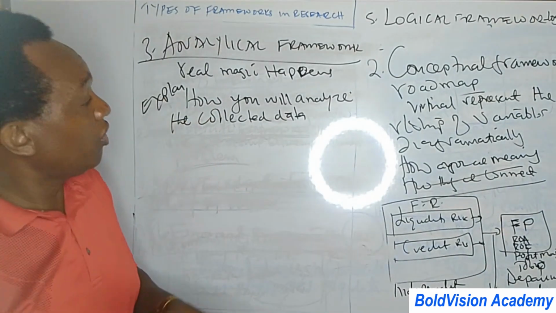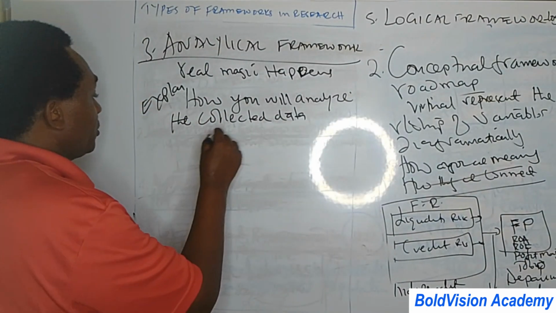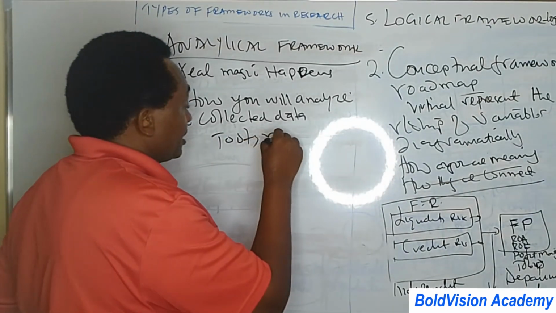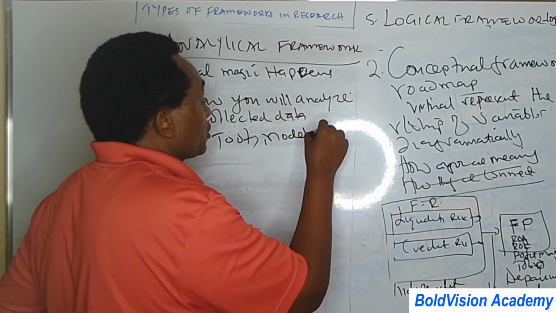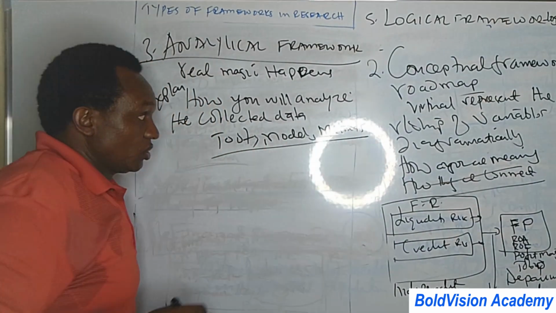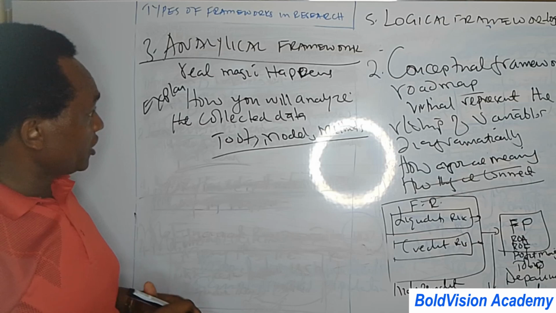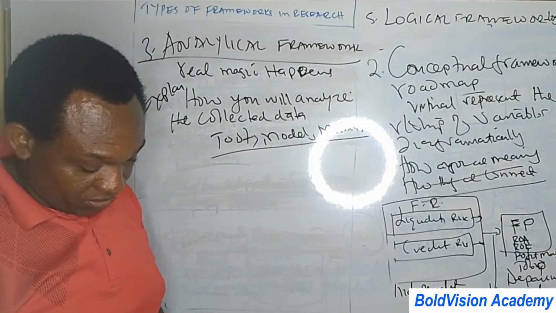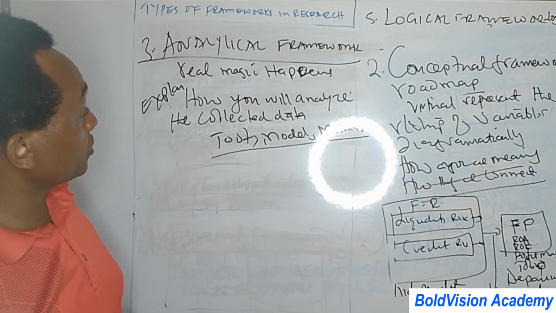It's all about the tools that you are going to use, the models that you're going to use, and also the methods that you're going to use in analyzing your data. Therefore, the analytical framework is very key, and it should be very, very structured.